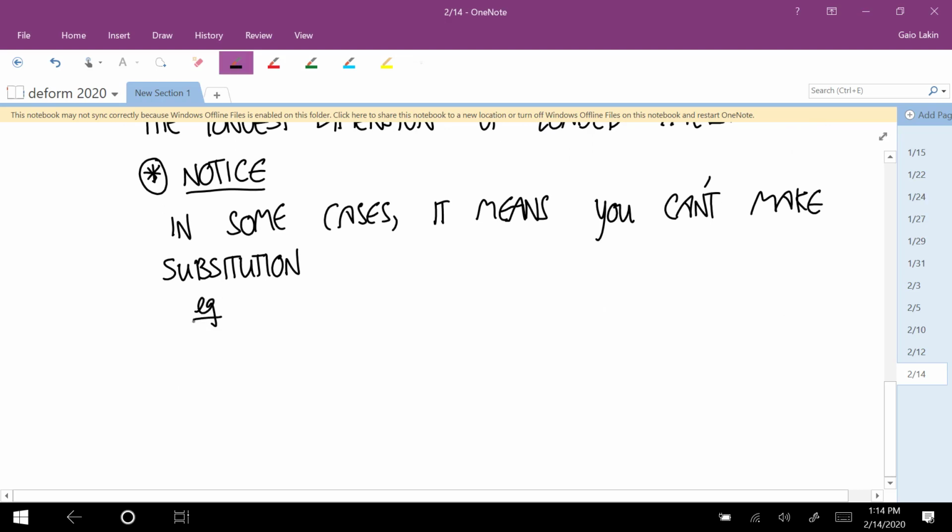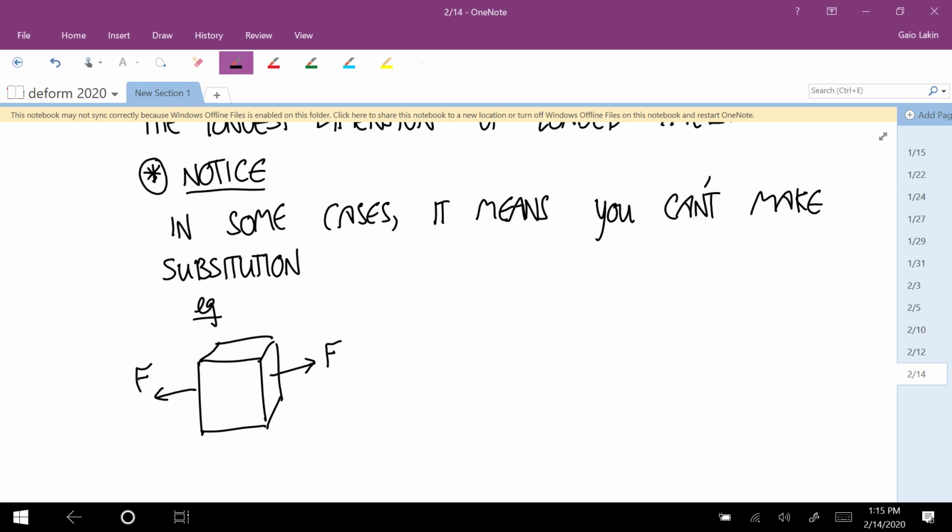For example, if you had a shape like this, and you apply a tensile force F, well, the idea is we can do this calculation if we assume that F is spread uniformly over the face.